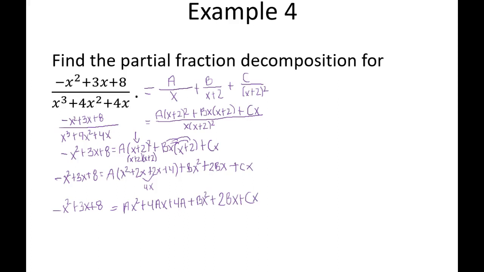Okay. All right, so now I am going to rearrange this so that all of my x squared terms are together, my x terms are together, and my constant terms are together.